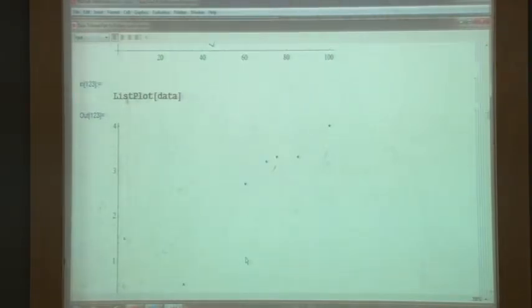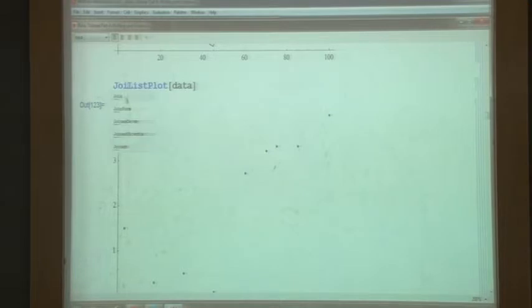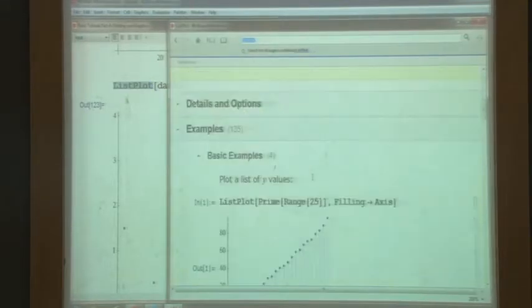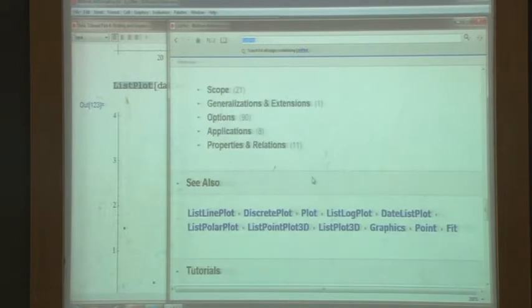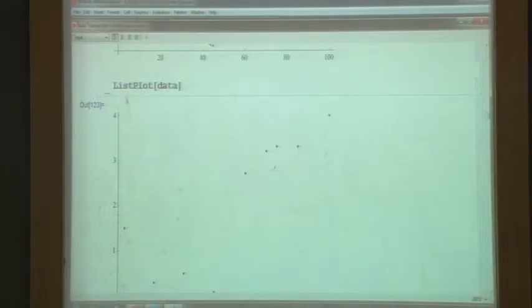Understood? So the other thing that I can do is list line plot. There is also an option, let me show you. That will be list line plot. All right. So we don't need to use list plot.